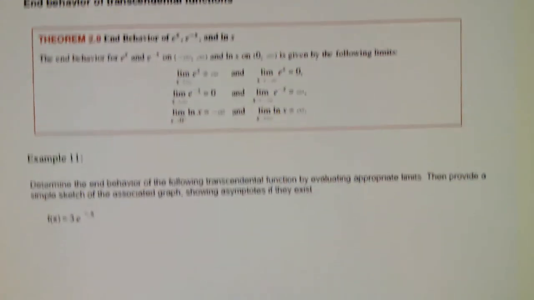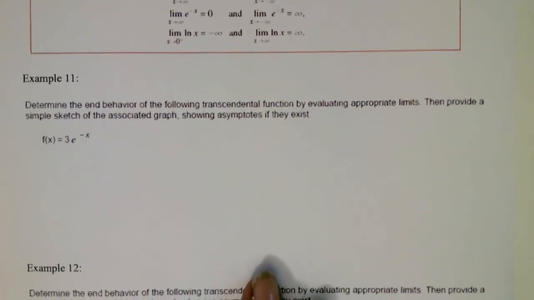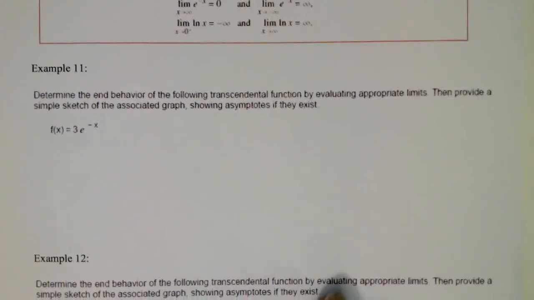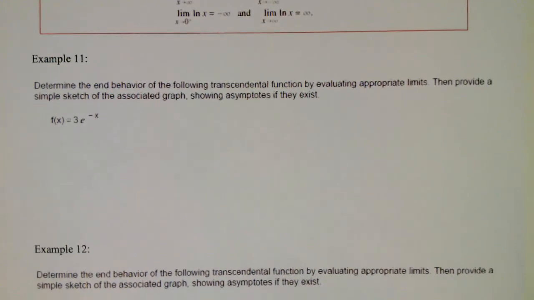All right, take a look at example 11 using that theorem. Here I want to determine the end behavior of the following transcendental function by evaluating appropriate limits, then provide a simple sketch of the associated graph showing asymptotes if they exist.